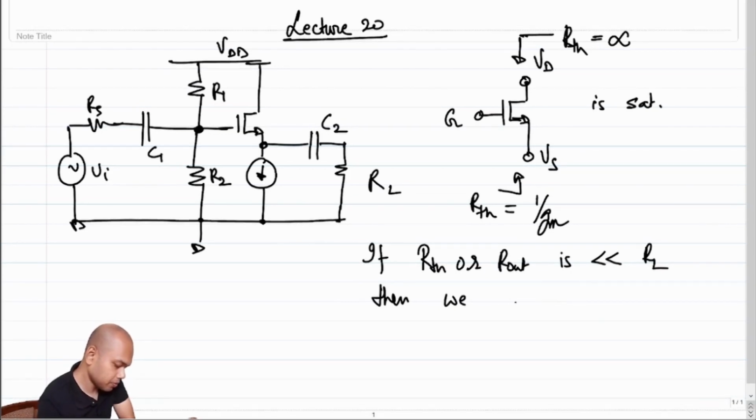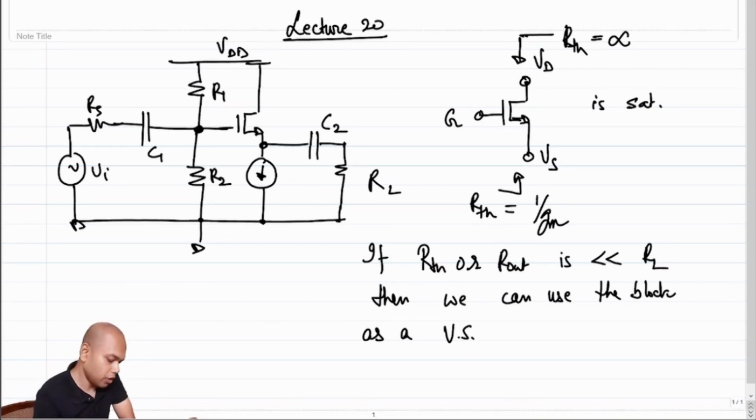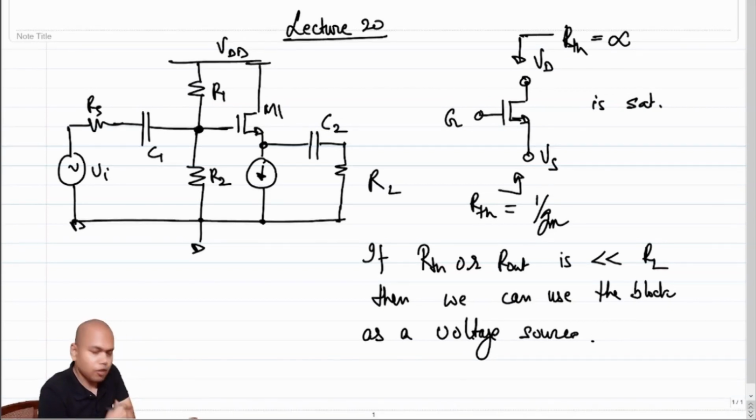then we can use the block as a voltage source, right? As a voltage source. And using this property, we tried to see if we connect RL to the source of M1, obviously through an AC coupling capacitor C2, whether this can behave like a voltage source.